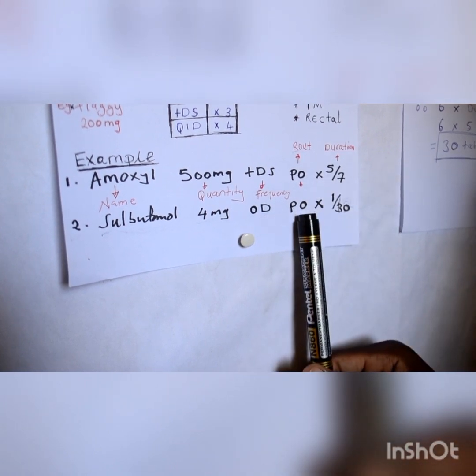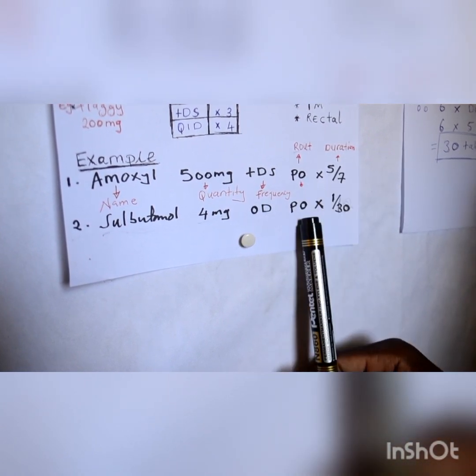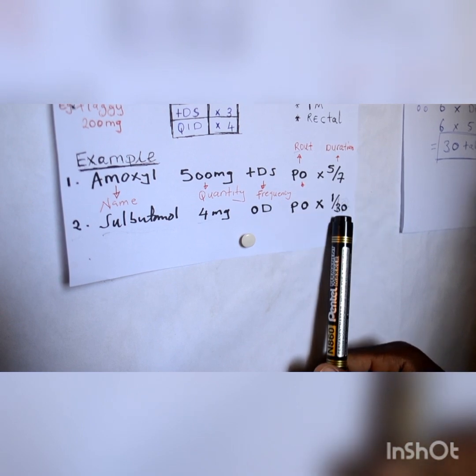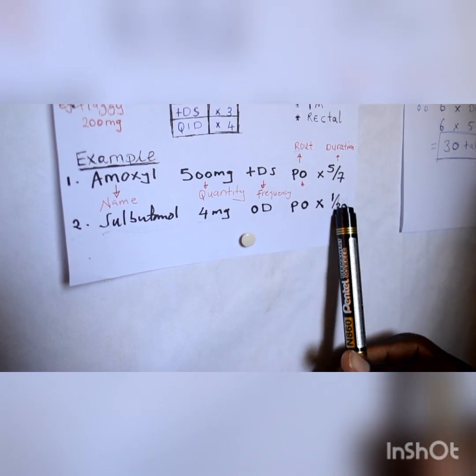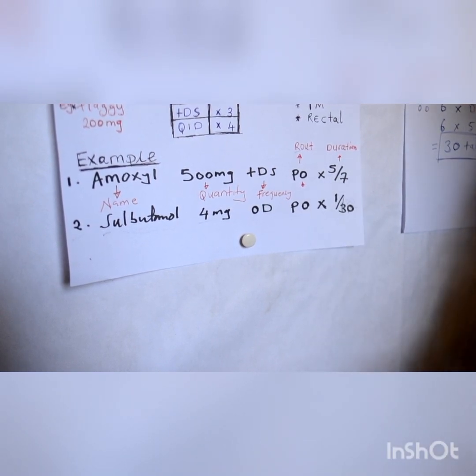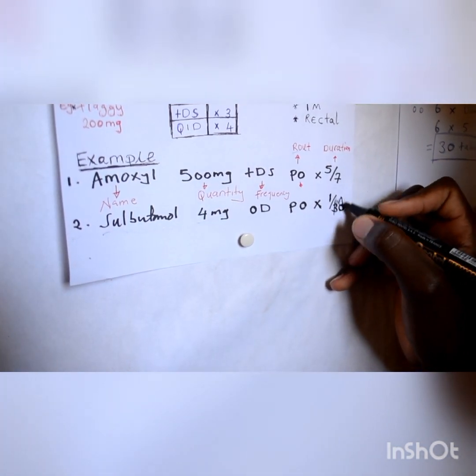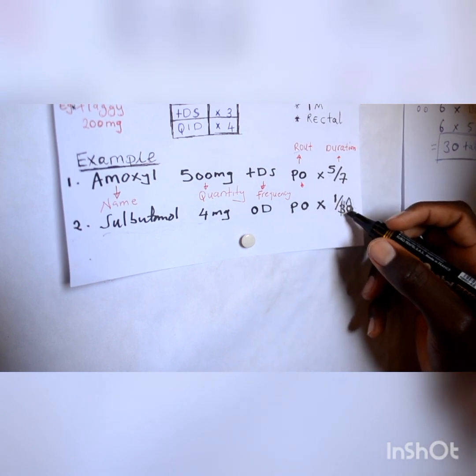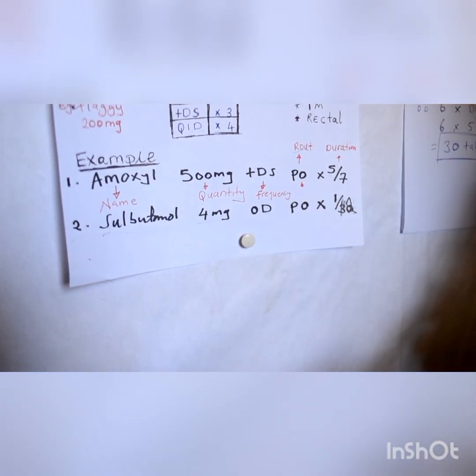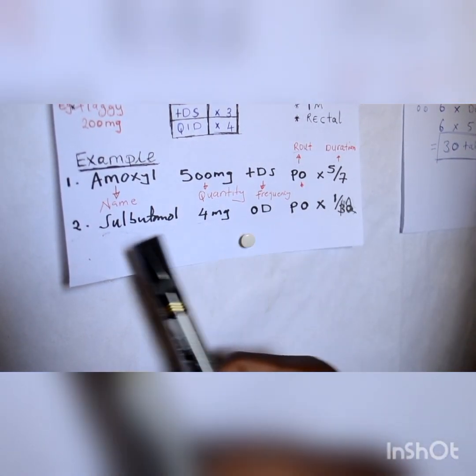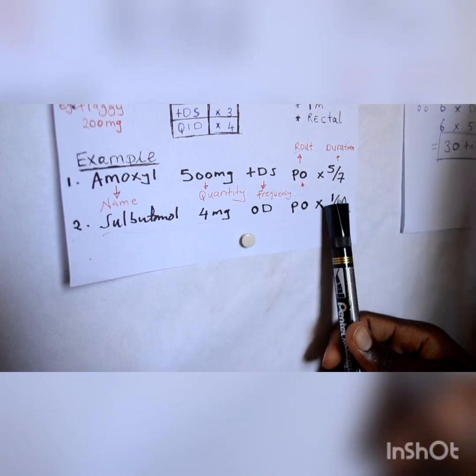The route of administration is of course per oral, and then the duration is supposed to be for 1 month. So it will be 1/12, which means you'll be taking salbutamol for 1 month.